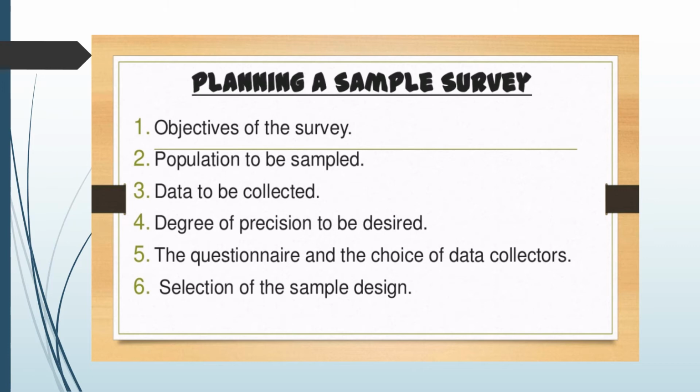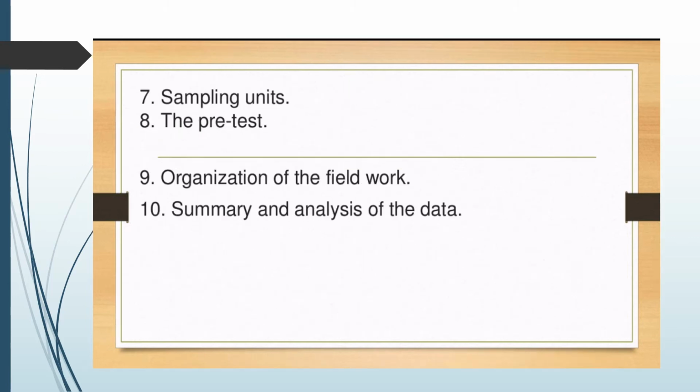Fourth, degree of precision desired. Fifth is the questionnaire and the choice of data collectors. Sixth is the selection of the sample design. Next, seventh is sampling units. Eighth, the pre-test. And ninth, organization of the fieldwork. And the last one is the summary and analysis of the data.